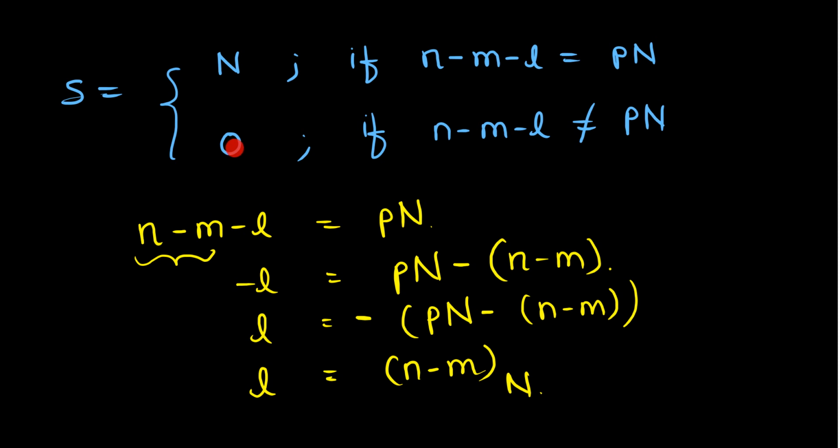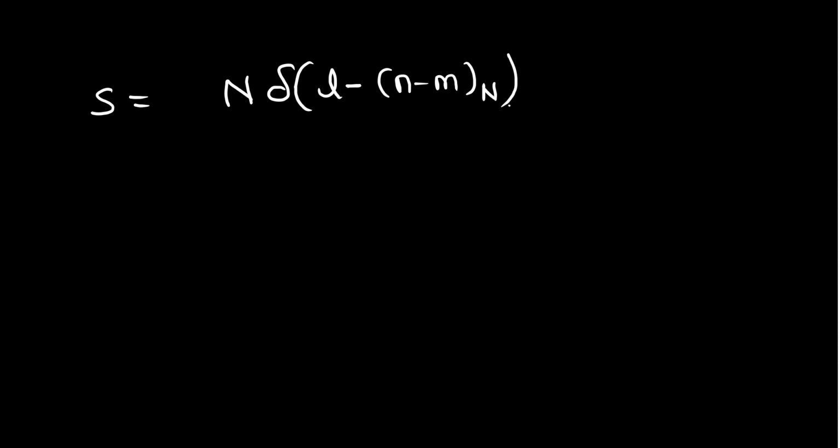So this can be represented as S is equal to n times an impulse located at n minus m mod n, which means that we have an impulse of amplitude n at L equal to n minus m mod n, and for other values it is going to be 0.